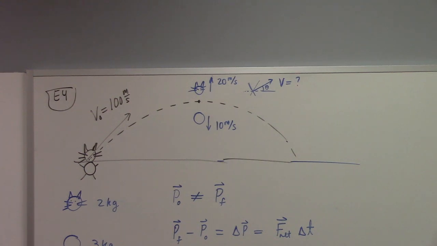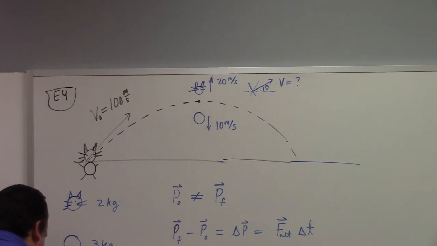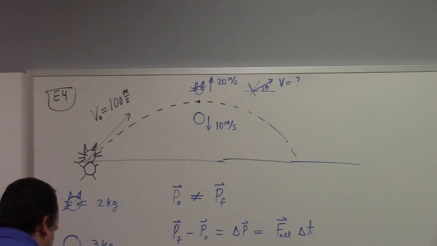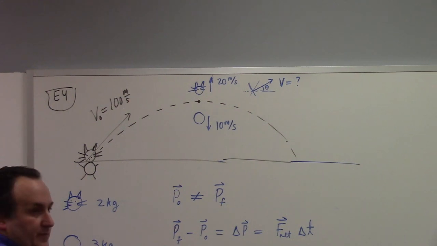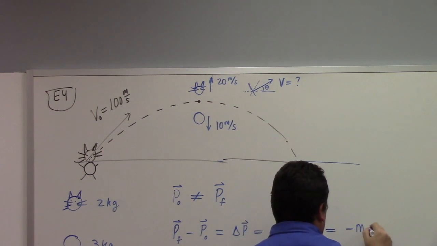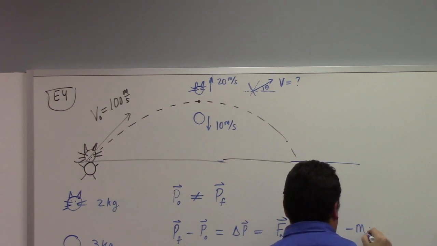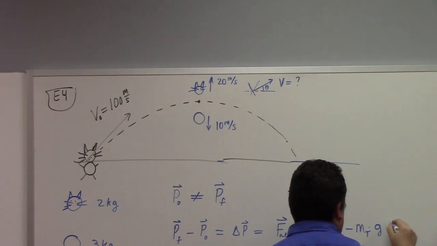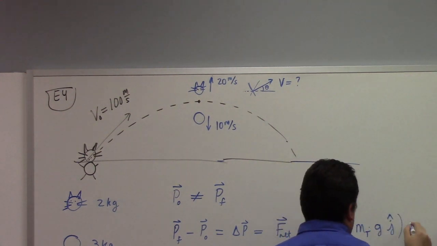What is the force here? Gravity. The total mass is apparently 6 kilograms, so the net force is minus m total g j hat, delta t.